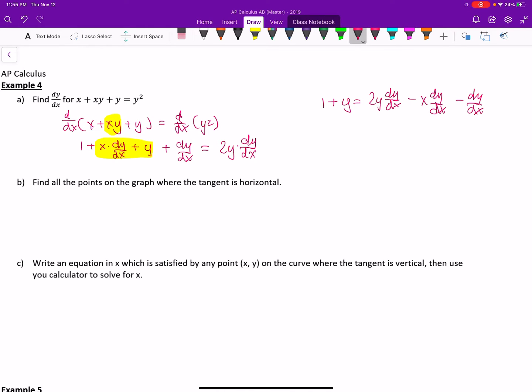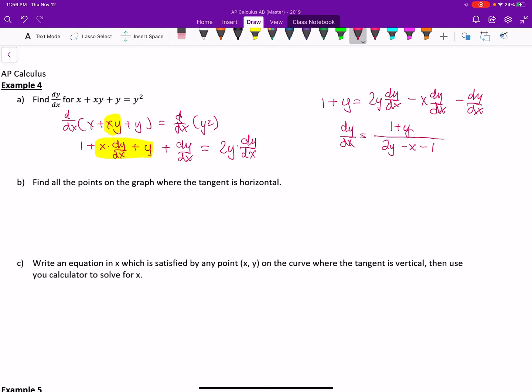So then I end up with dy/dx is equal to 1 plus y in the numerator. And look, if I factor out a dy/dx, in the denominator I get 2y minus x minus 1.